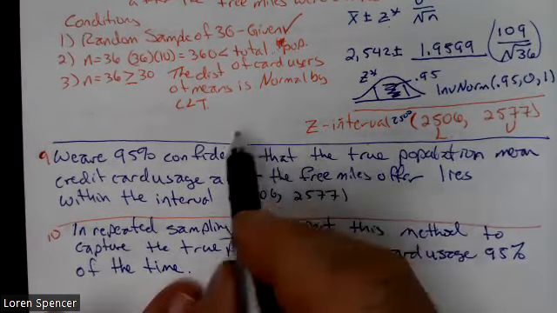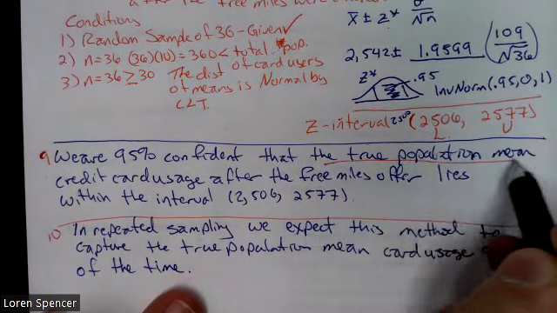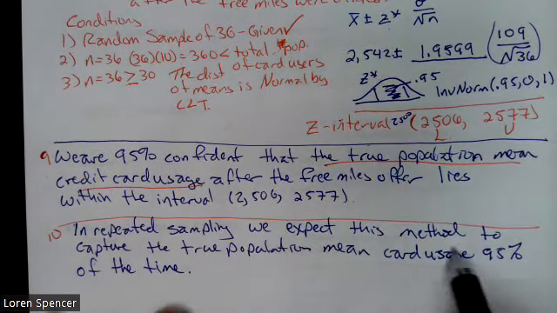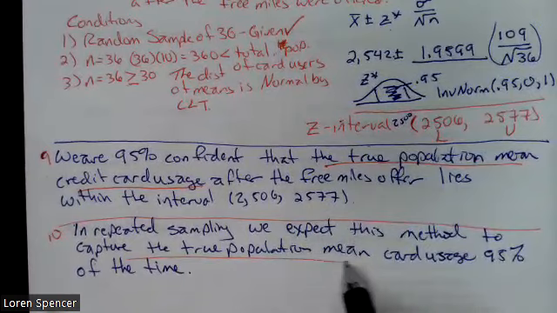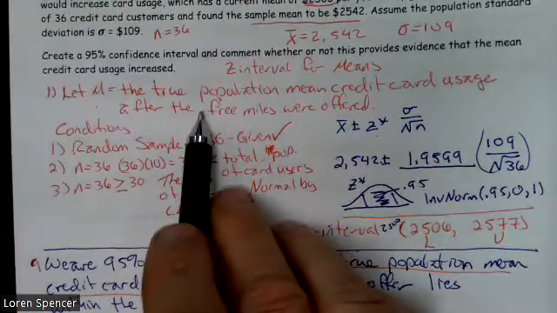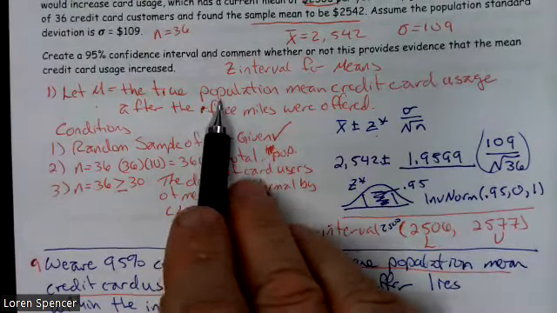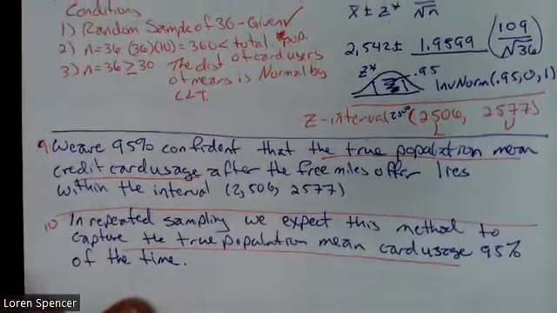Please note, true population mean credit card usage. That was all in our very first step where we defined the parameter.